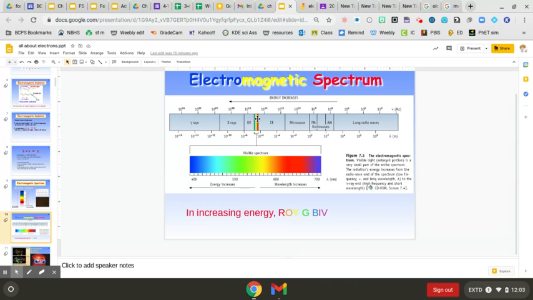On the other end, as the waves get longer, they're lower energy. You think, oh, less danger, right? Infrared, this is like the heat coming off of stuff. Then you've got microwave radiation. You're probably familiar with your microwave. And then your FM radio, AM radio, those waves are bouncing through your house right now.